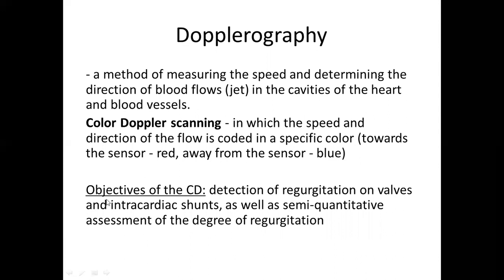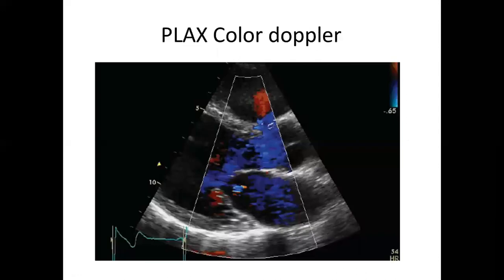So when we are doing this, what are the objectives of color Doppler? The main objective here is detection of regurgitation, if we have some valvular pathology, or understanding whether we have shunts or defects.